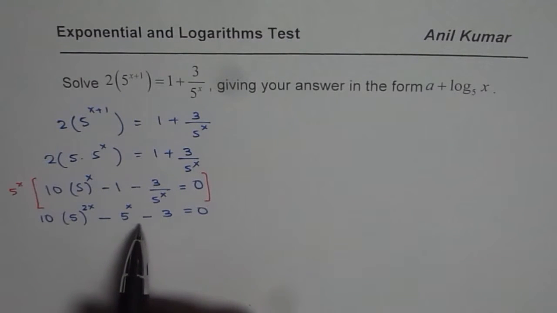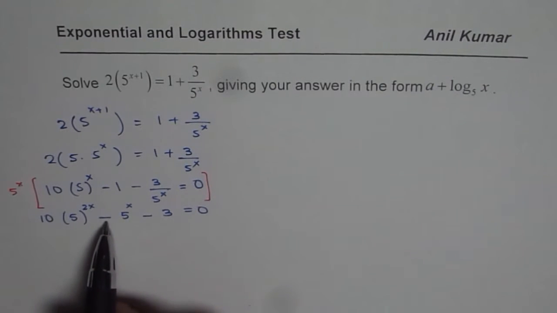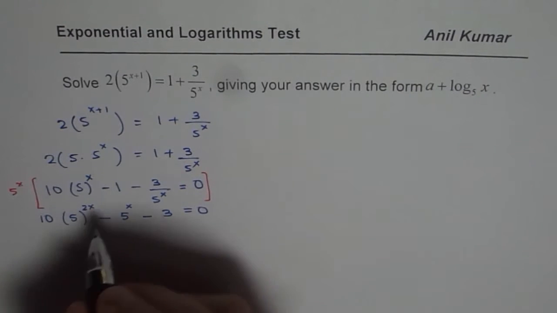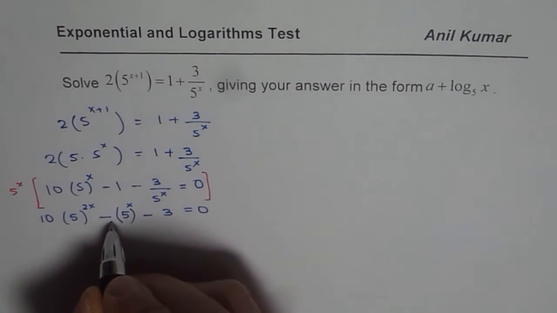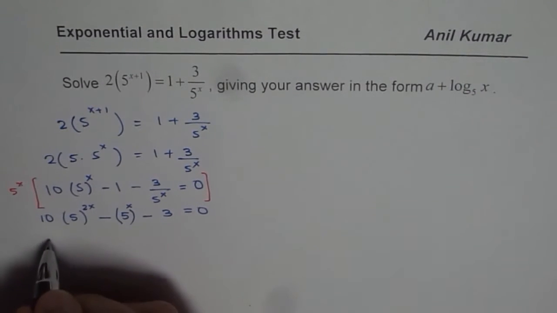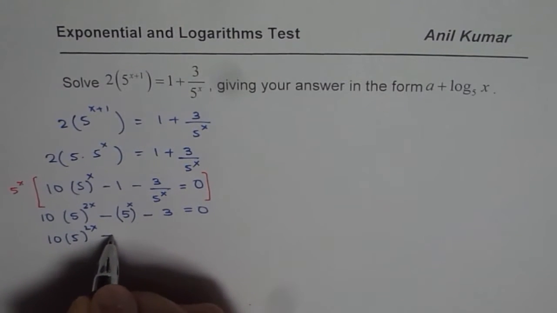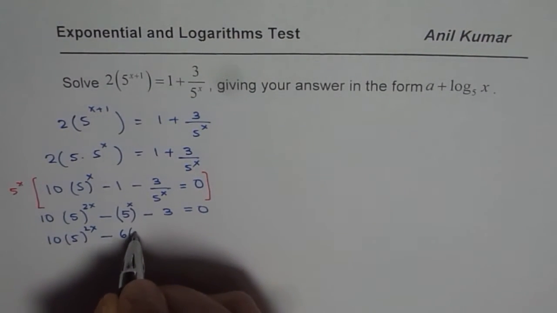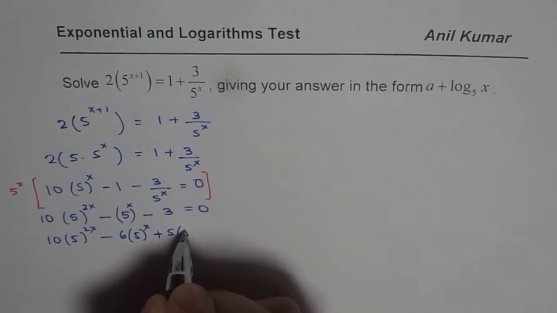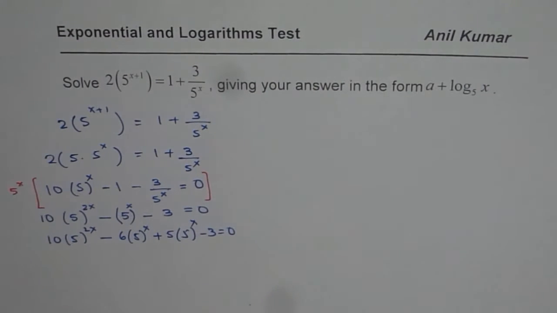We can factor using numbers whose product is minus 30 and sum is minus 1, right? So the numbers which can work are 6 and 5. So we'll write this as 10 times 5 to the power of 2x minus 6 times 5 to the power of x plus 5 times 5 to the power of x minus 3 equals 0.